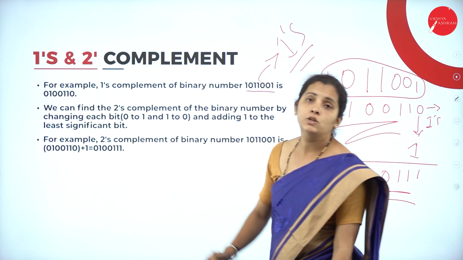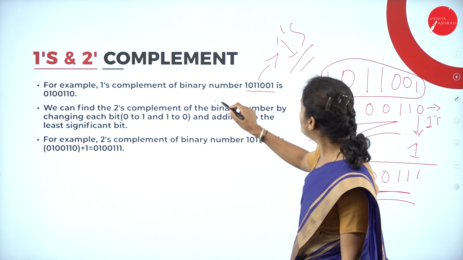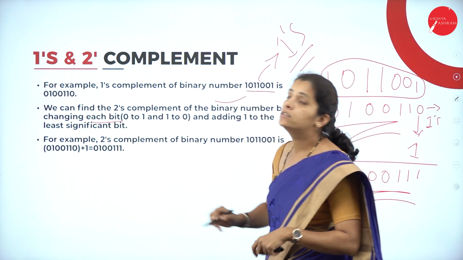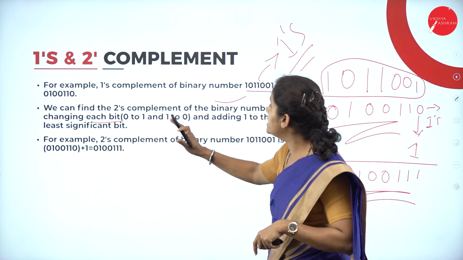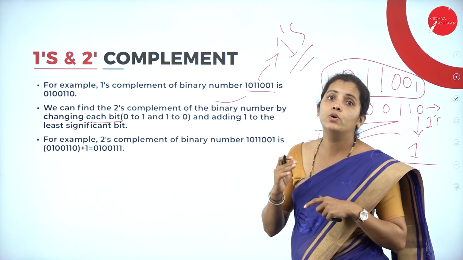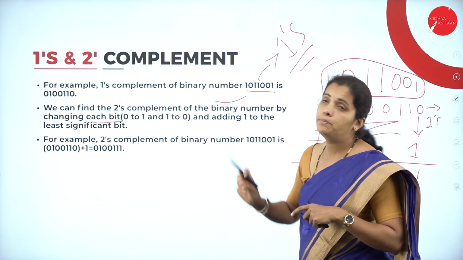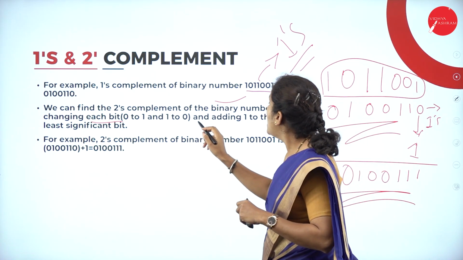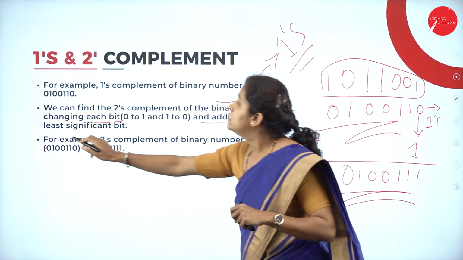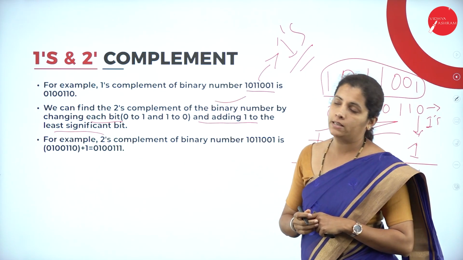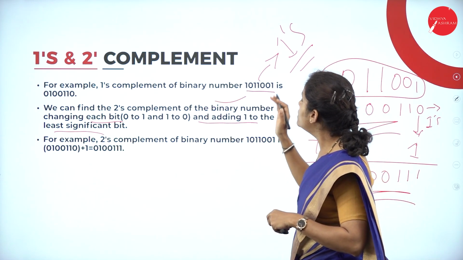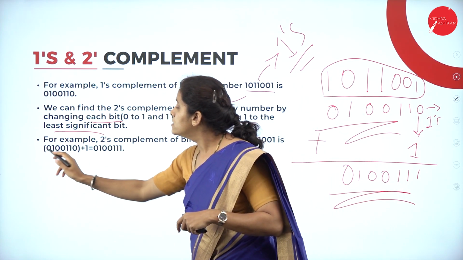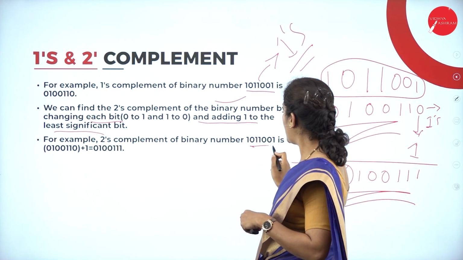We can find the two's complement of a binary number by changing each bit 0 to 1 and 1 to 0, and adding 1 to the least significant bit. This is the actual number we have.